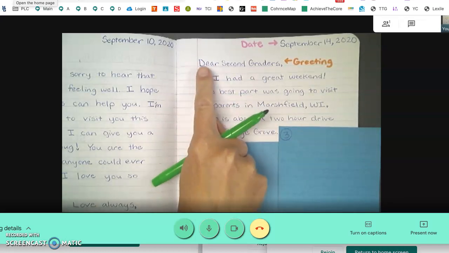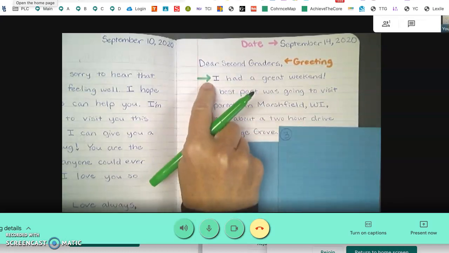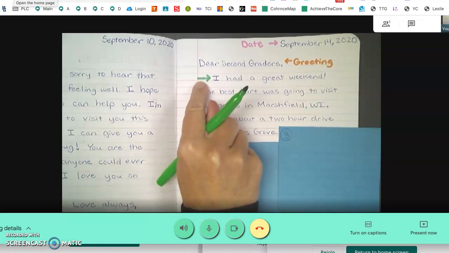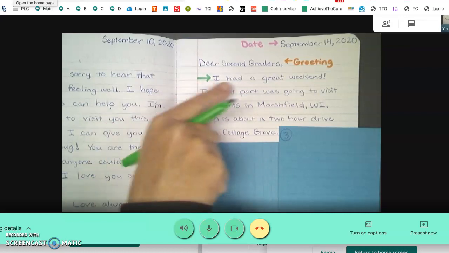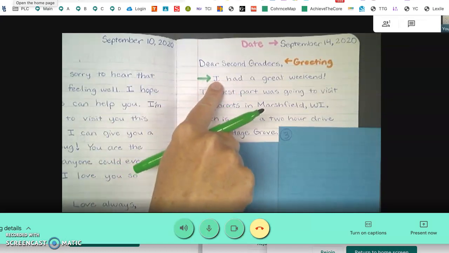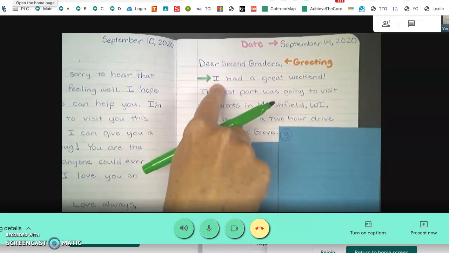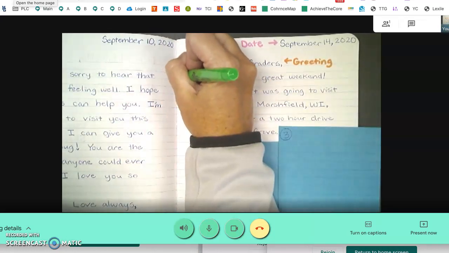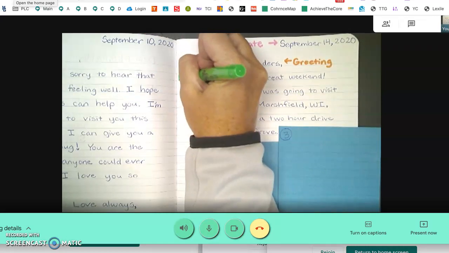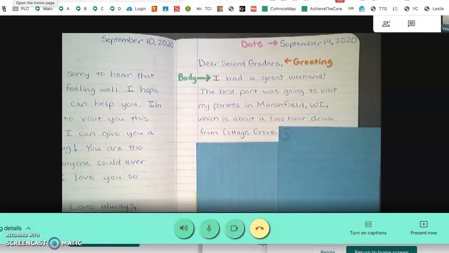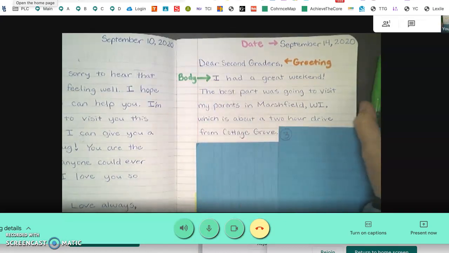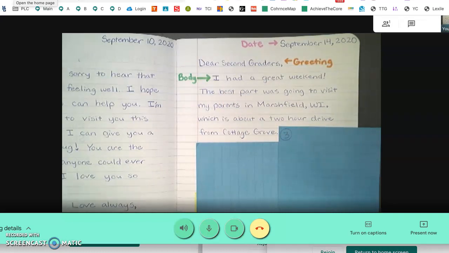It's at least a finger space, if not more, where we do something called indenting. We're going to indent, or go in a little bit, for that first line of the body of your letter. The body of the letter is going to be, in the end, if we can do it, 5 sentences.